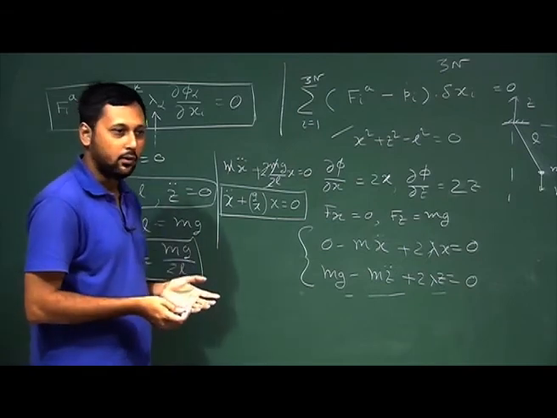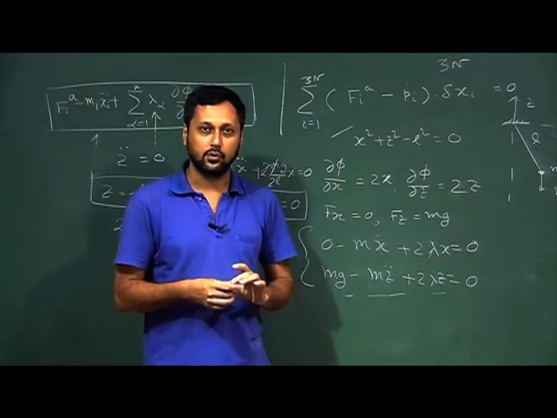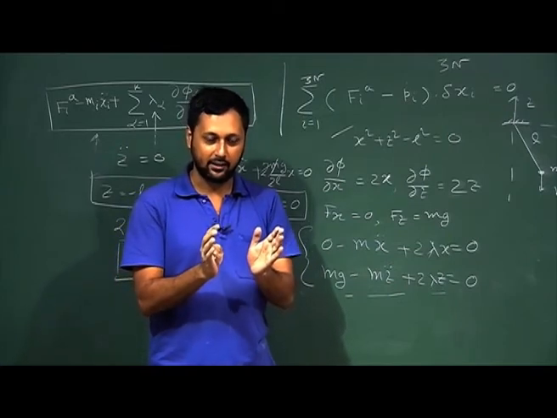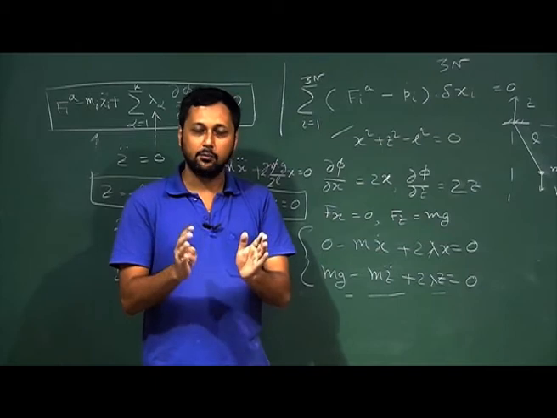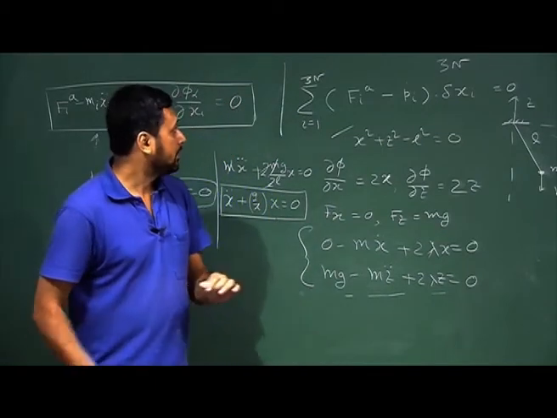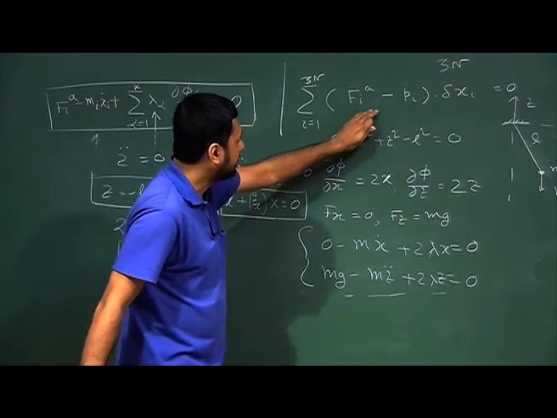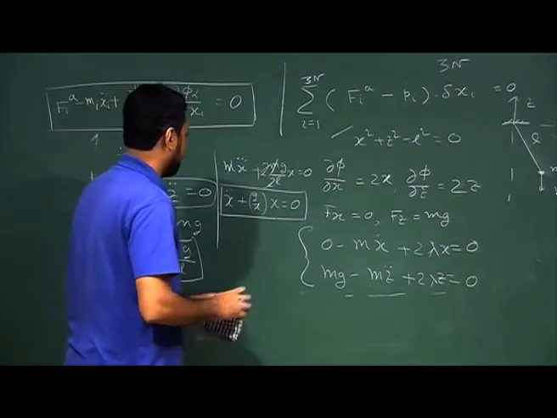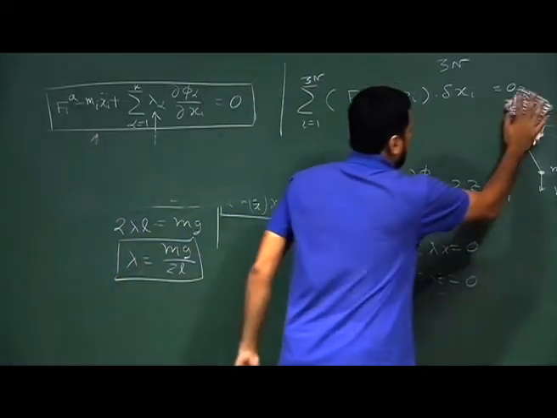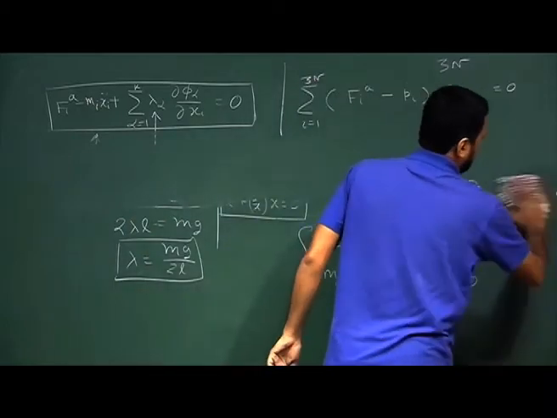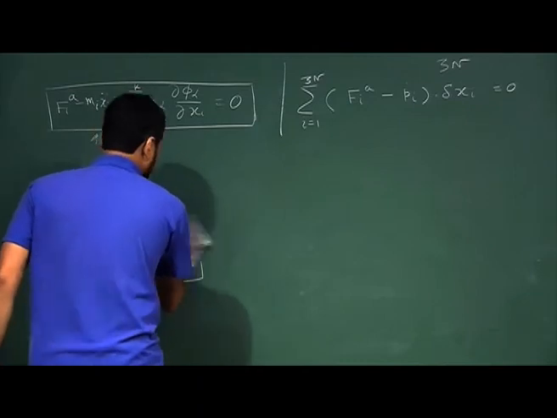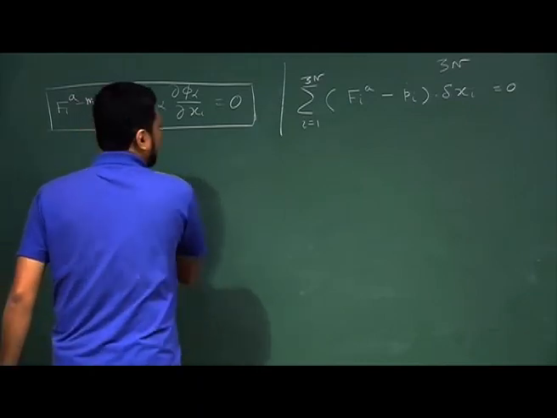But we have already defined a set of generalized coordinates, which are as many in number as required by the system for a complete description. It is always better if we can write this in terms of independent parameters. So, let us try that. This one is called the Lagrange equation of first kind, and the one we are going to derive now is called the Lagrange equation of second kind.